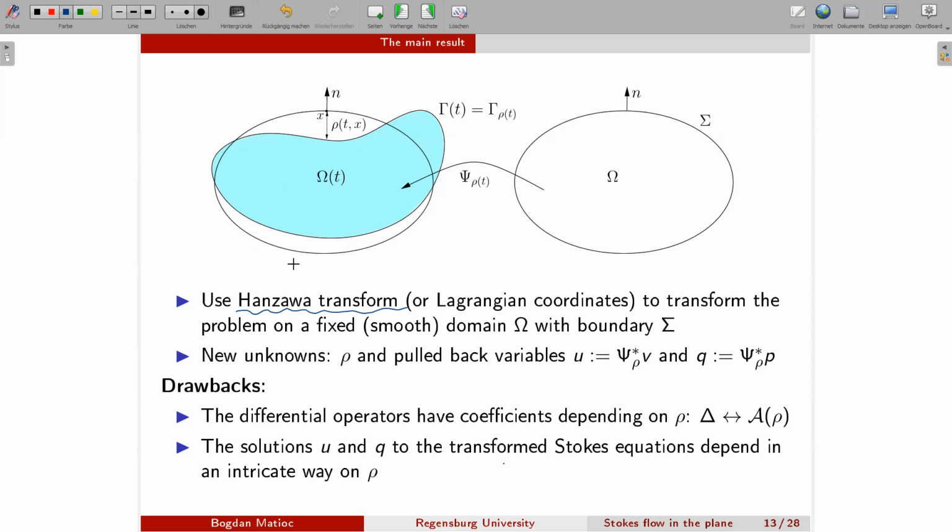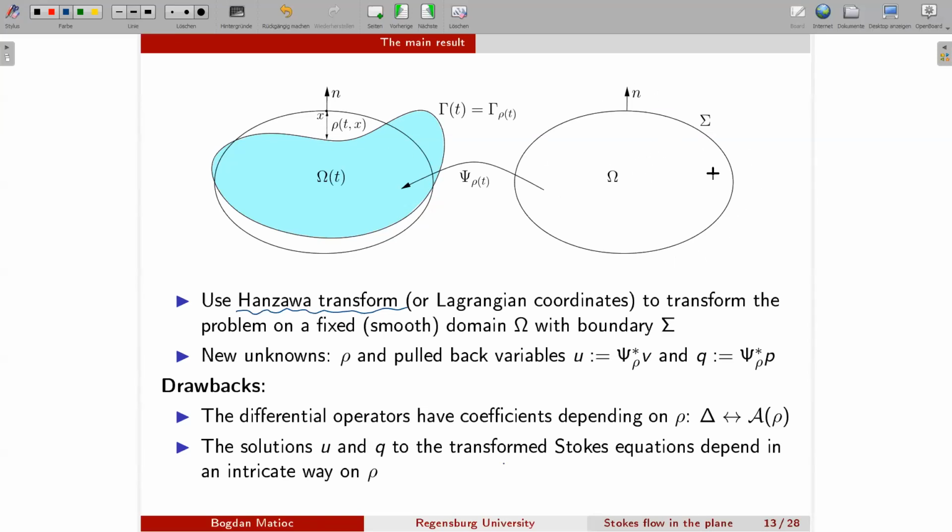So what one does in this case, one assumes that the boundary of the fluid blob is parameterized by a function rho, which measures the signed distance of a point x, which is located on an a priori given smooth boundary Sigma of a domain Omega, to the fluid domain. So one assumes that the boundary of the fluid domain is the graph of the signed distance rho on Sigma.